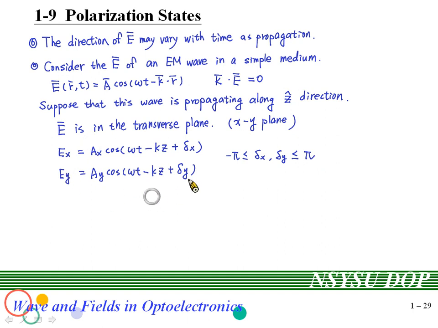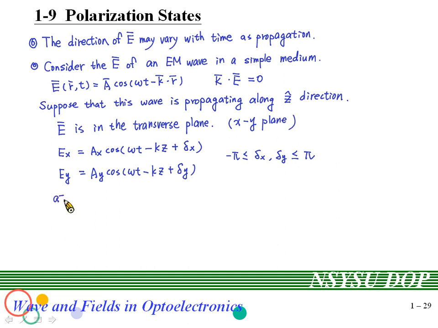This is the general expression for the E components, as we suppose that the wave is propagating along the z direction. To find out the polarization of this EM wave, we can choose a simple point to define the polarization. That is, we can choose the position at z equals 0 to define the polarization.